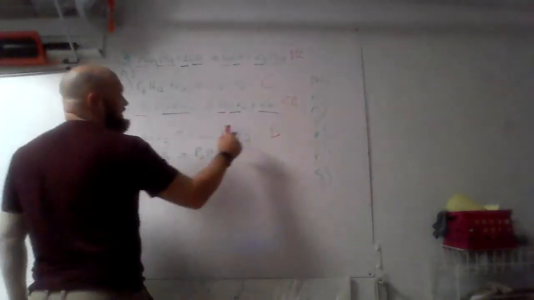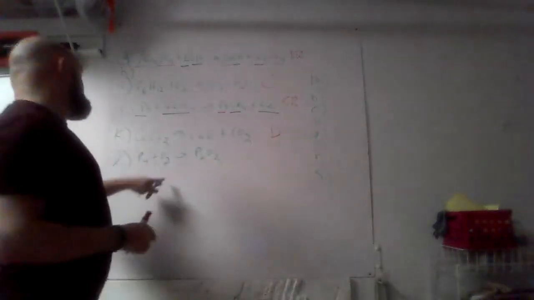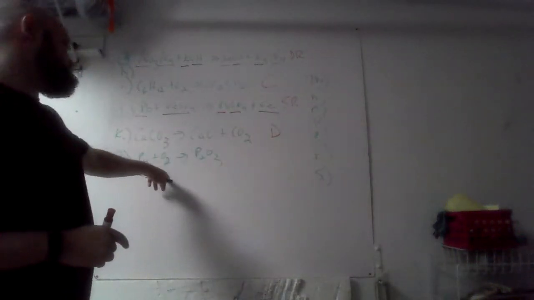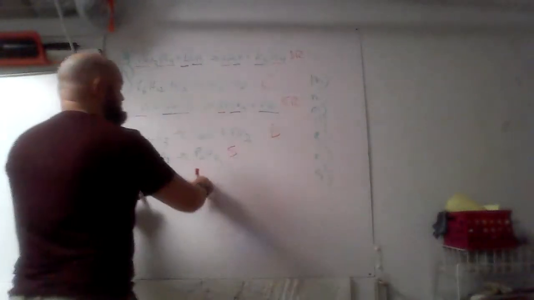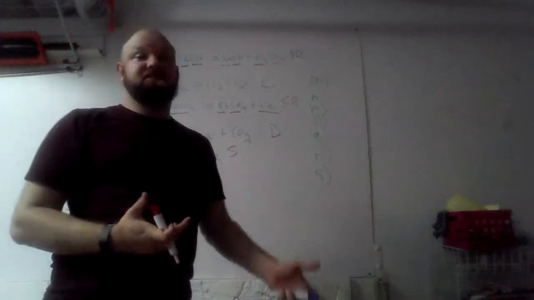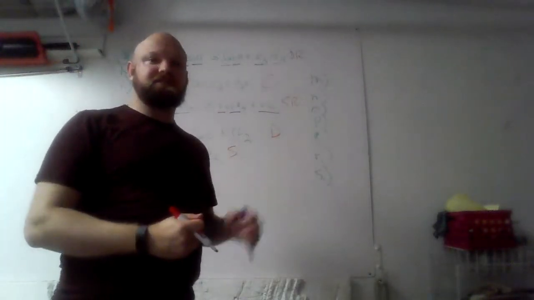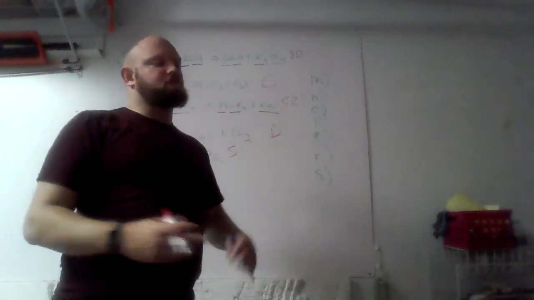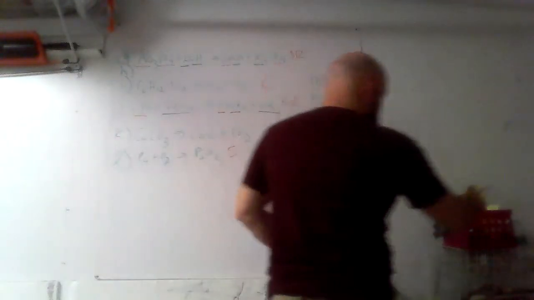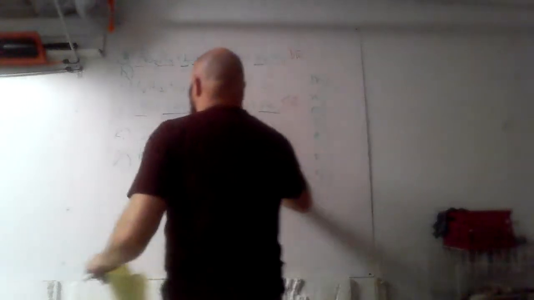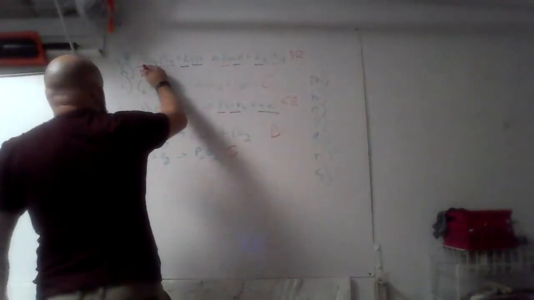I start with one thing and it breaks down. Okay, and my last one, I have P4 plus O2 yields P2O3. So that's synthesis because I'm creating something. If you ever look at English and they say synthesize an essay, it means to create. Photosynthesis, to make food with light. Okay, so the other ones we have here, so H was, let me just grab my little answer key here. So H was double replacement.